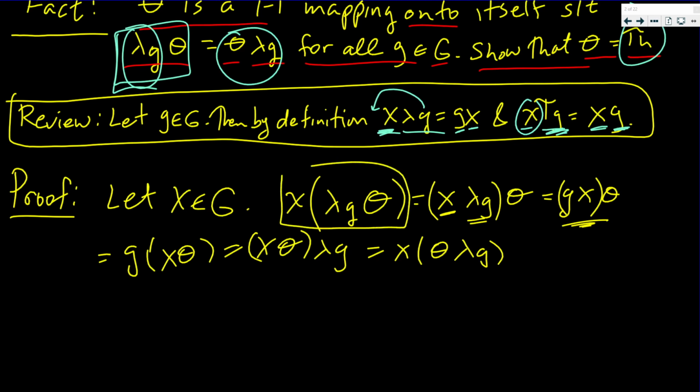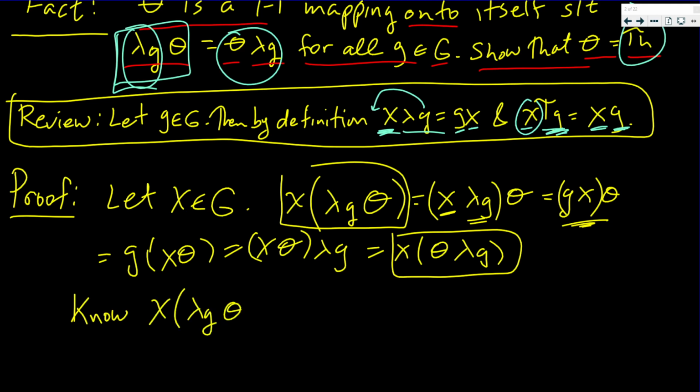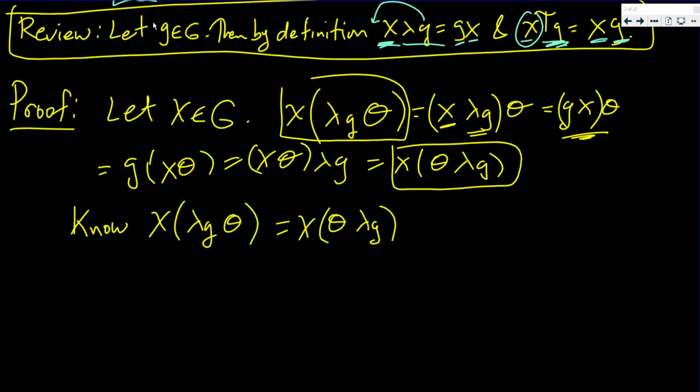This equals a string of things which equals this. So we now know that lambda g theta acting on x is the same as theta lambda g acting on x. These are equal.